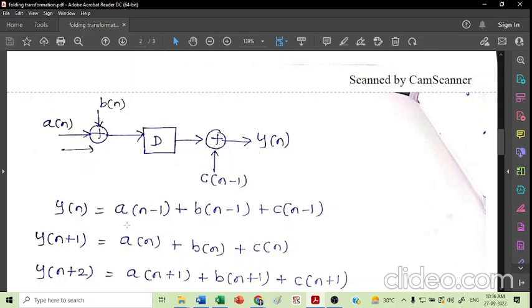Therefore y of n is equal to a of n minus 1 plus b of n minus 1 plus c of n minus 1, and y of n plus 1 is equal to a of n minus 1 plus 1.